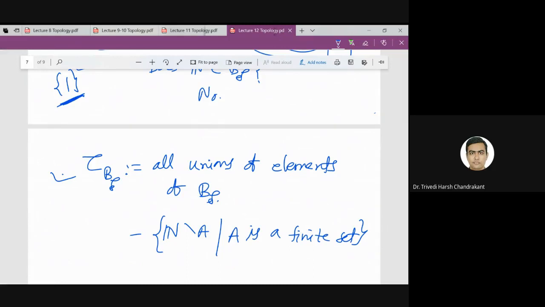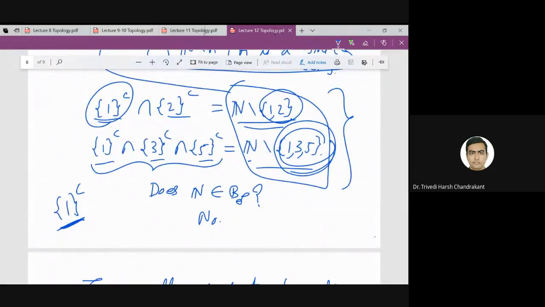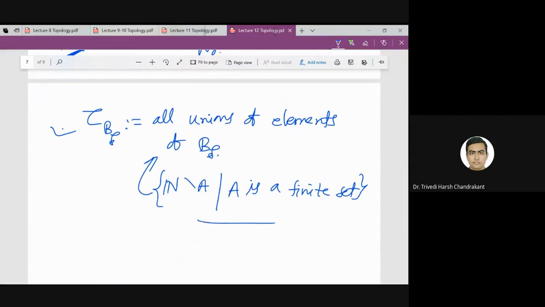So is there any other element than these sets here? If I take the union of all such sets, some of you have said it is the power set of N or something, right? So which subsets of N can I write as a union of such sets which does not belong to this family?